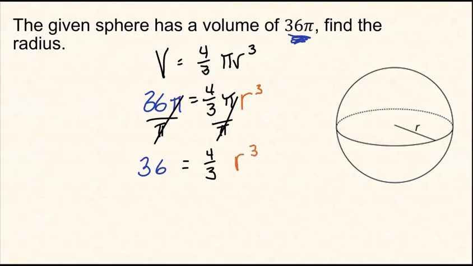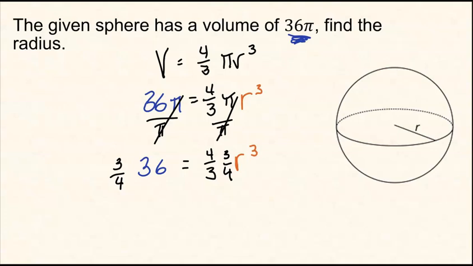Now comes the next step. I have to relieve myself of this 4/3. I'm going to do that the same way I did in the previous example, by dividing out the 4/3, or in technical speak, multiplying by the reciprocal. In this case, the reciprocal of 4/3 is 3 over 4.